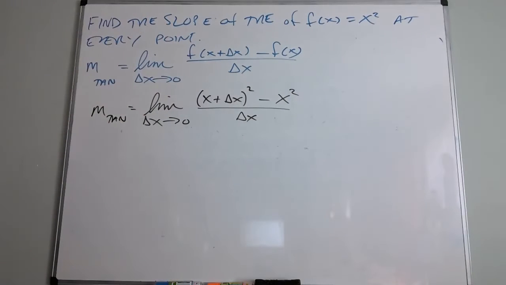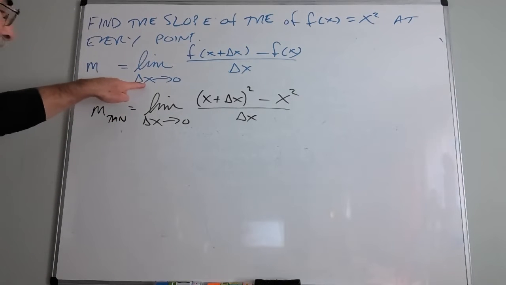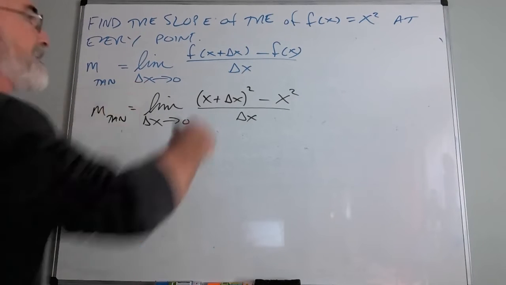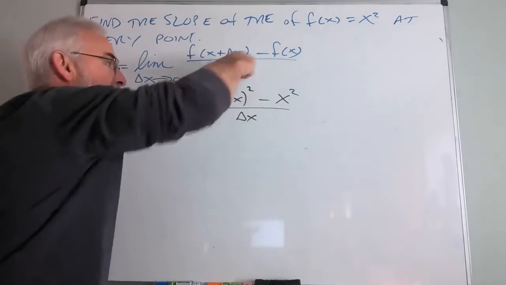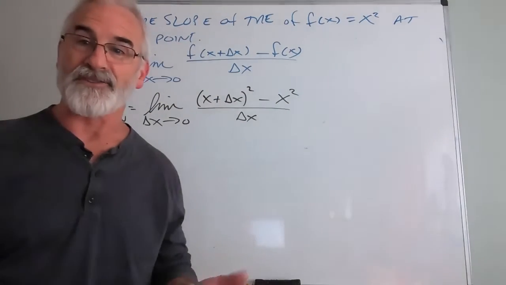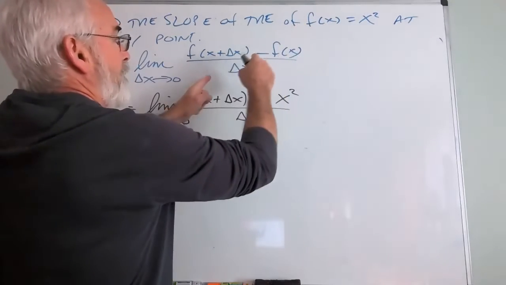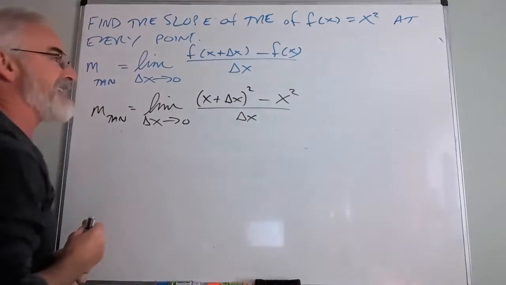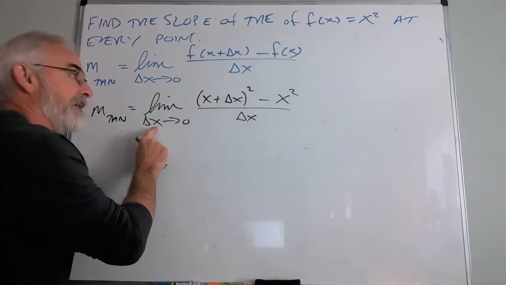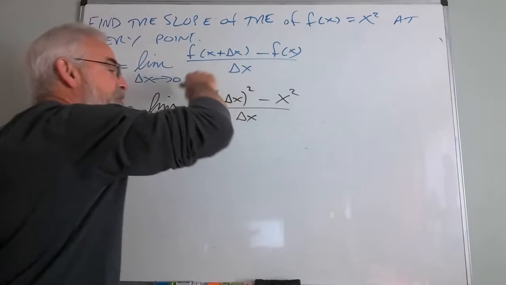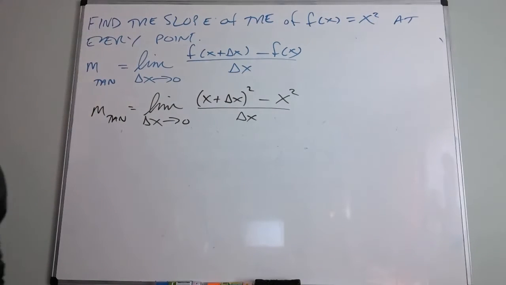Now, a really quick check. I cannot replace delta x with 0, because that would mean on the top I have 0 and on the bottom I have 0, because you're finding the slope at the same point. So I have to have the second point and move in, get closer and closer. So delta x is never 0. I'm taking the limit. So what I'm going to do is expand this and manipulate this algebraically.